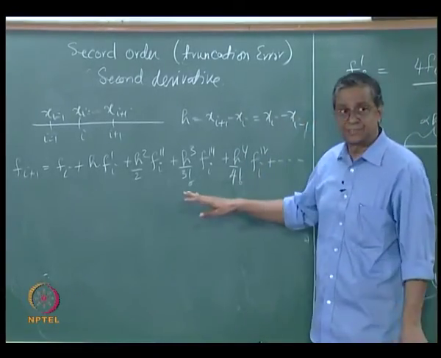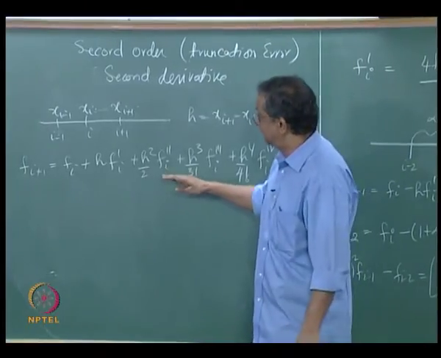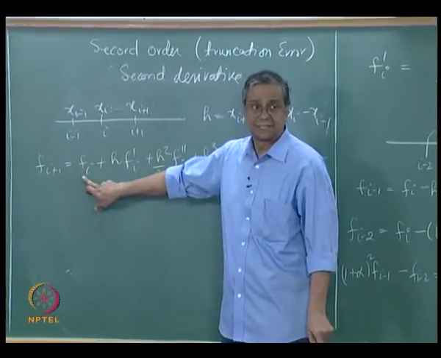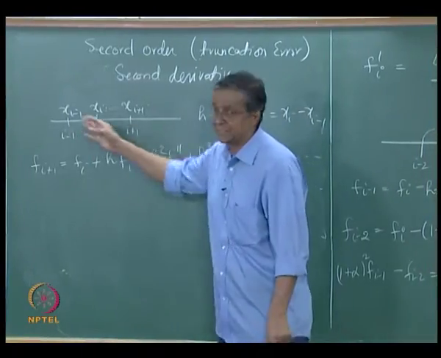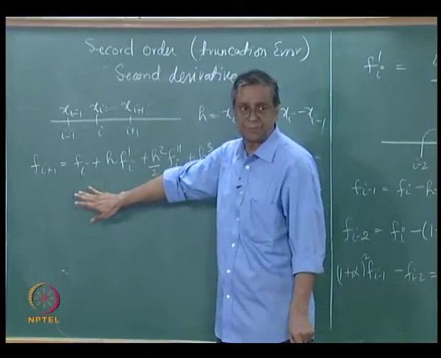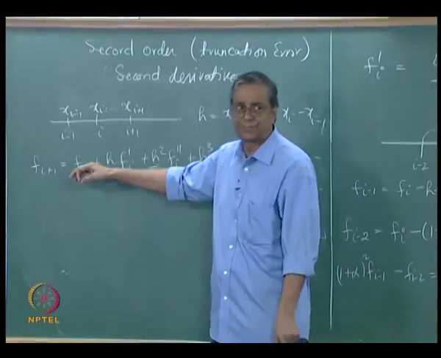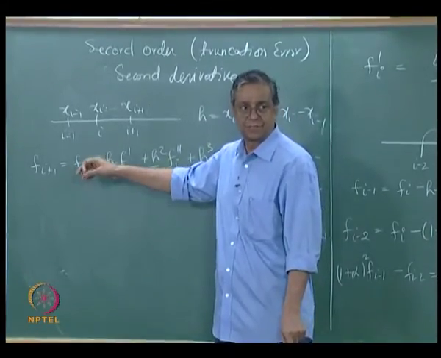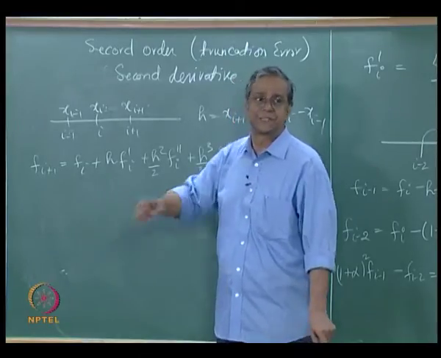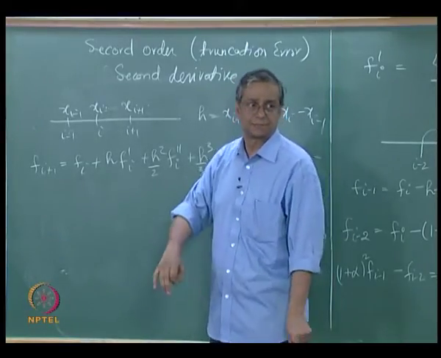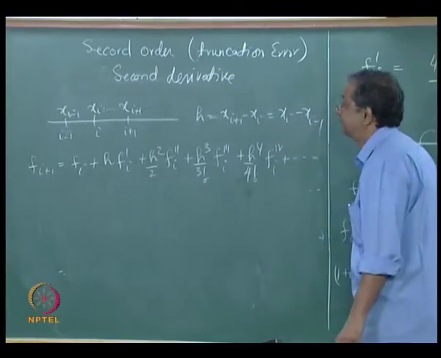Please remember, we are using Taylor series to expand about the point i, x i, okay. You could as well use Taylor series to expand about any other point. We choose to expand about the point i because we want the representation of the derivative at point i. If you want the representation elsewhere, then you have to expand about that point. Is that fine? Is that okay?